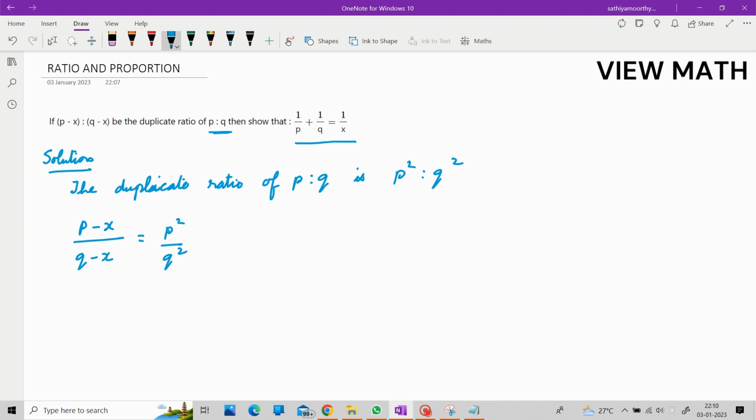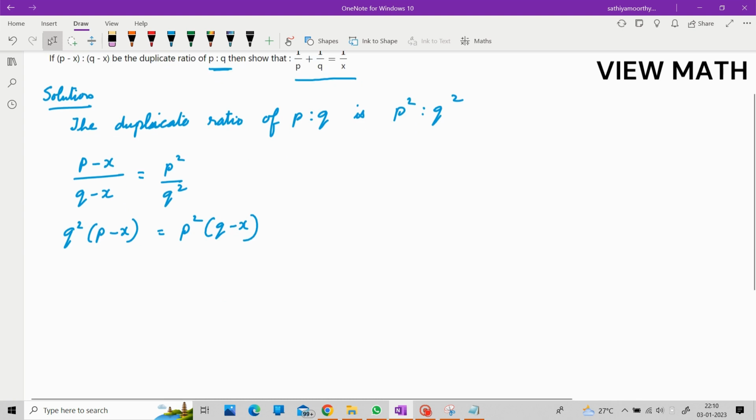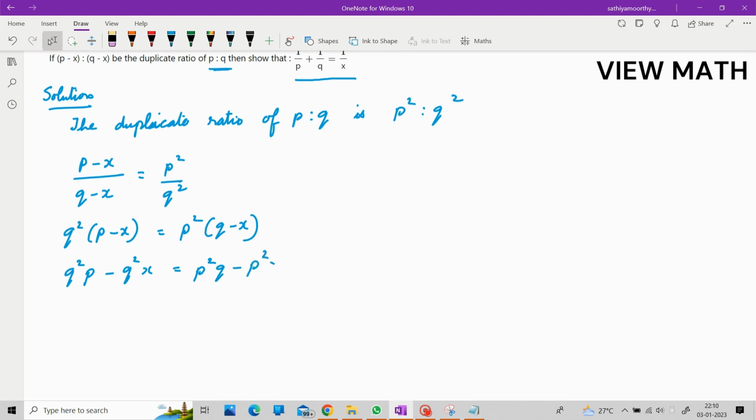So let me cross multiply. q square into p minus x is equal to p square into q minus x. Let me multiply it inside. I'll be getting q square p minus q square x is equal to p square q minus p square x.